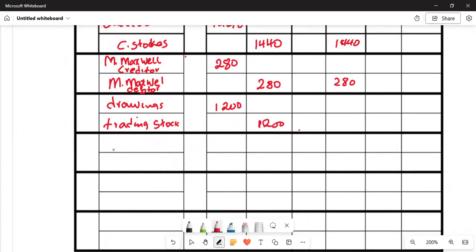We say fixed deposit, Absa, 3,000 debited, and then we credit interest on fixed deposit with 3,000. So that is that.